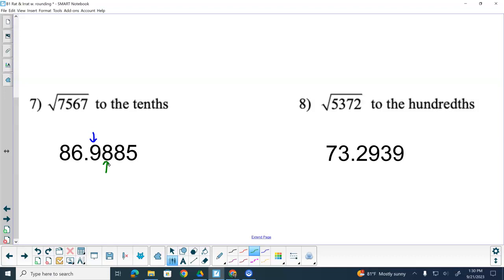But if I go up by 1 on 9, 9 would go up to 10, but I can't write 86.10. So this one goes up to 0, because we're restarting: 0, 1, 2, 3, 4, 5, 6, 7, 8, 9, and then we go back to 0. So if we reset that, because this needs to go up, then this goes to 0, and this one would go up 1 to 87.0.